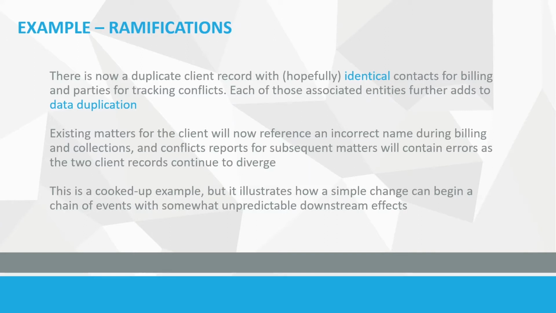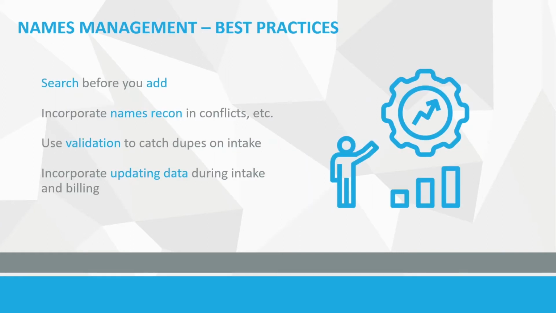One might be associated with new matters going forward, another with old matters, but the billing contact information, the billing addresses, all of that needs to stay in lockstep in order to actually bill that client accurately. While this is a cooked up example, it illustrates how easily you can fall into procedural issues purely centered around a lack of data quality or data integrity.